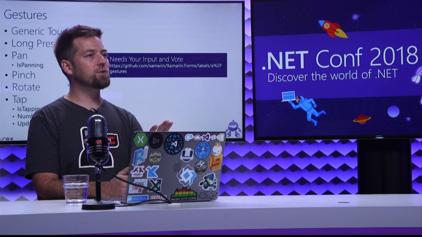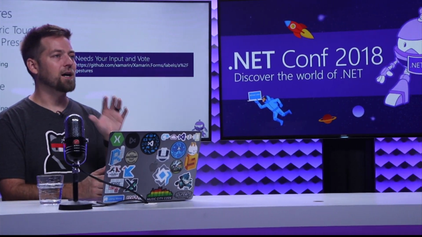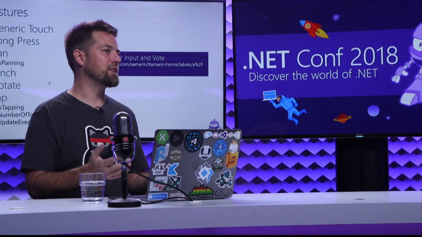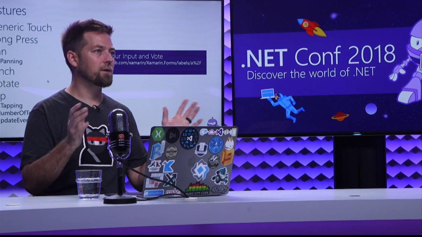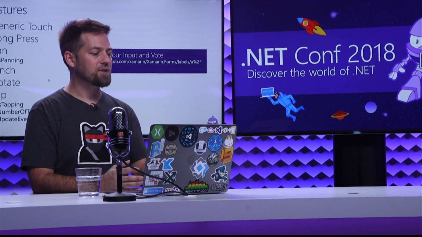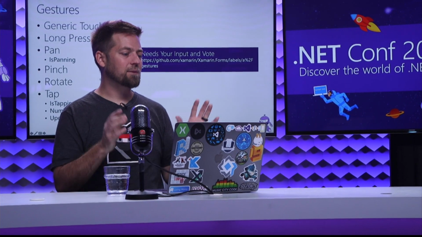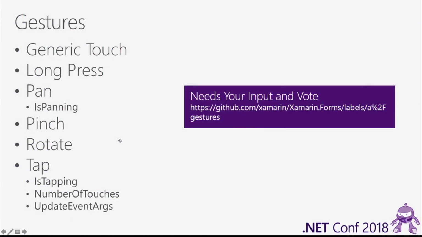But we're not committed to doing these particular things yet. We want to have that conversation with you and to know that this is something that would really be of value to you, or if you're more than comfortable using what's already out there. Some of the things on here are long press, pan, pinch, rotate, tap. Some of these are enhancements to existing gestures, and some of them are additional gestures. And there are more up on that GitHub, so look at the gestures label.